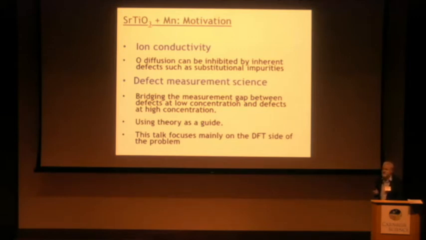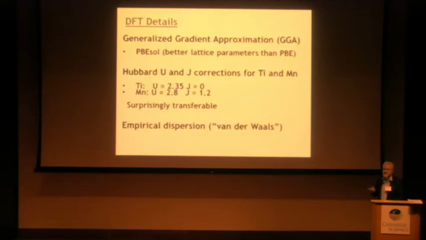And finally, there's just the basic science that multiple defects are possible in this system. In order to establish experimental observation of them, you have to know the local structures and what you're looking for. So basically, this is a pretty common DFT format. I should point out that it's using PBEsol instead of PBE because it tends to give the lattice parameters better than that form of GGA.